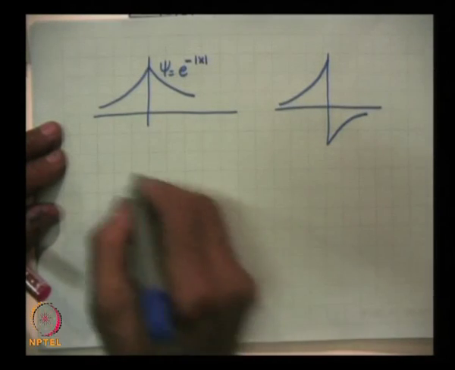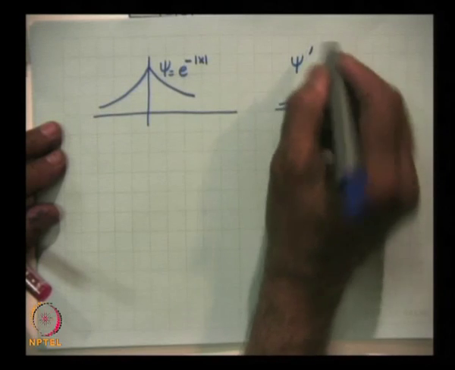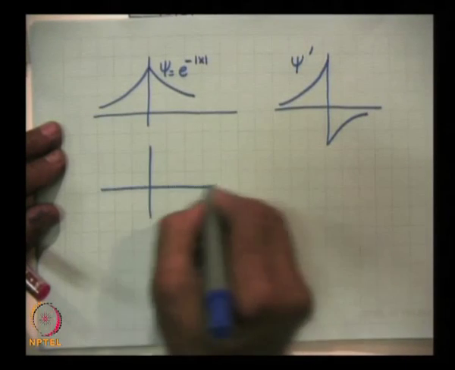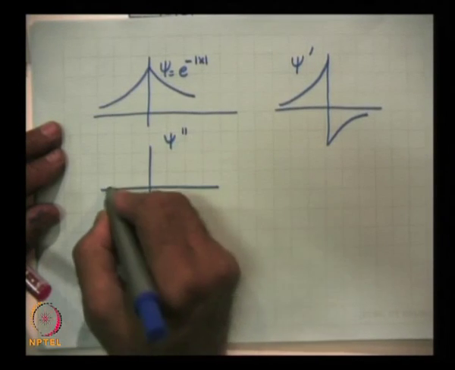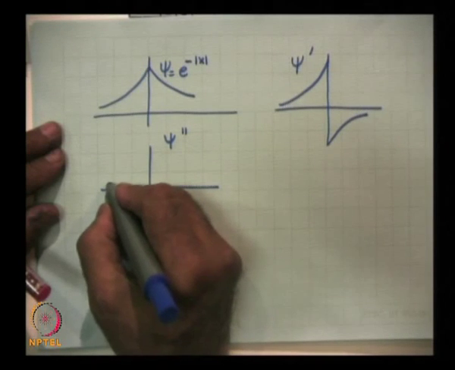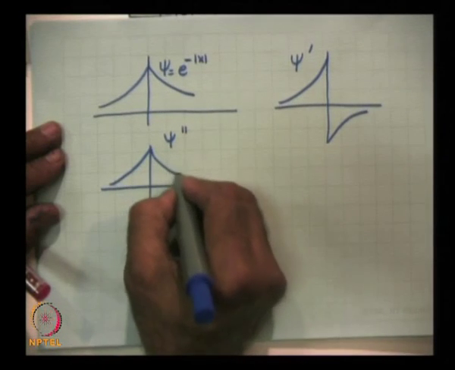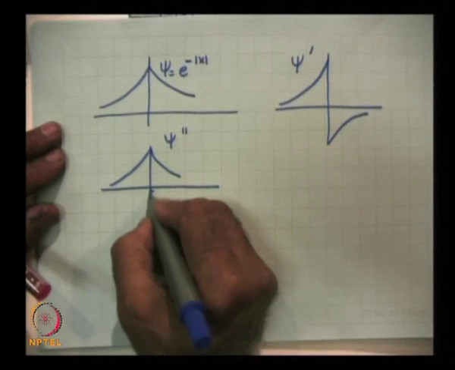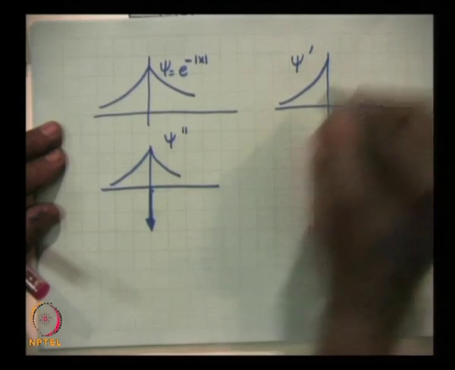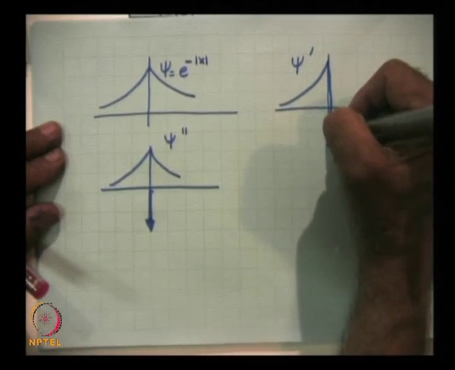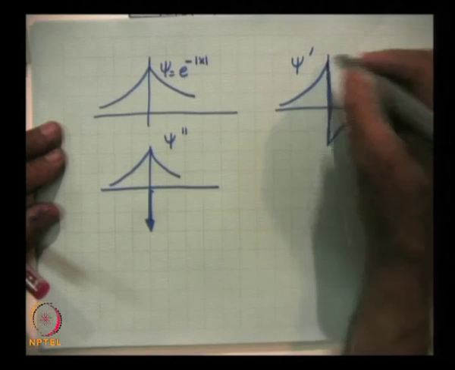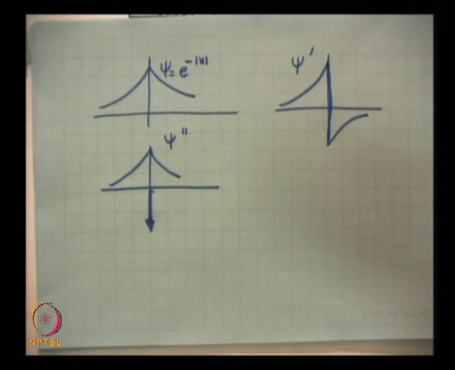And so, this is psi prime, and the double derivative psi double prime will be like this only, but at this point the value will be infinite, because there is an infinitely negative derivative here, there is a minus jump. So, if the derivative is discontinuous, then the double derivative has a delta function.